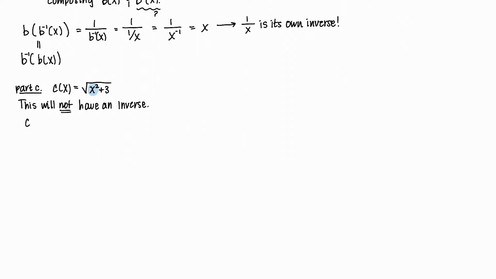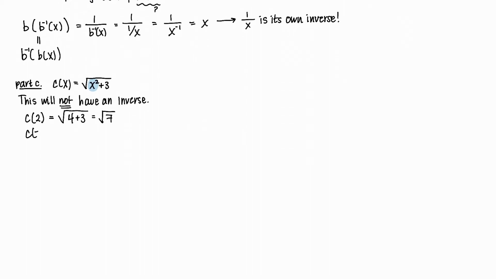If I do c of 2, I get the square root of 4 plus 3, which is the square root of 7. And if I try c of negative 2, I get the square root of 4 plus 3, which is the square root of 7.